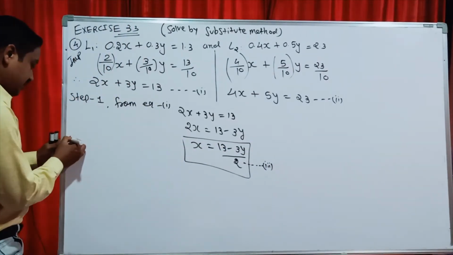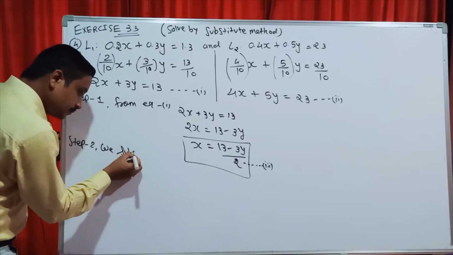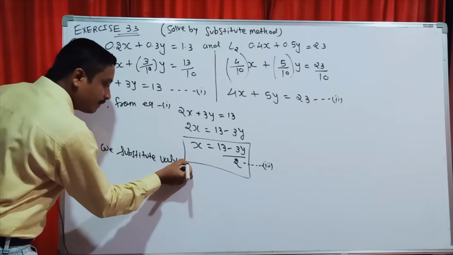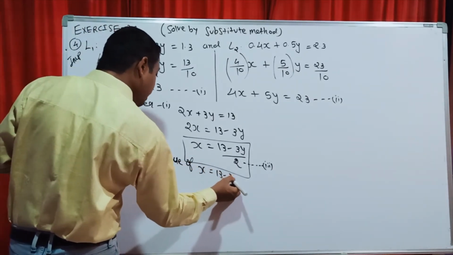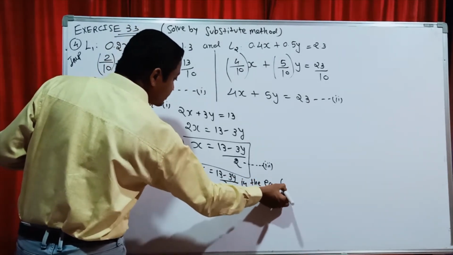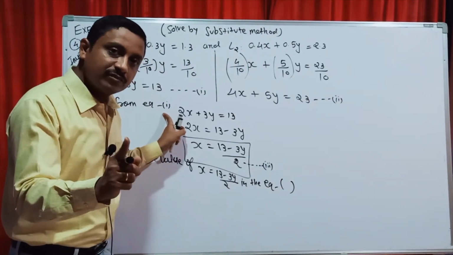Now I go to step 2. We substitute the value of x, which is equal to 13 minus 3y by 2, in the equation number, which equation? We started here from equation 1.